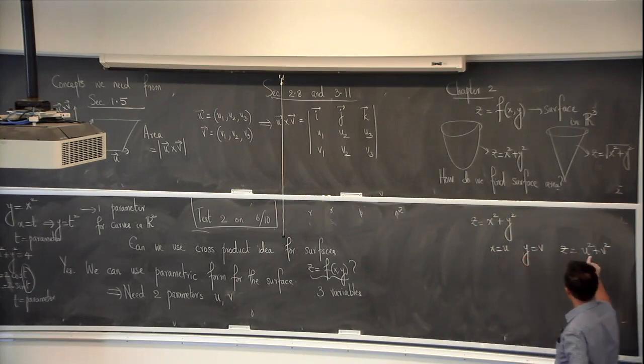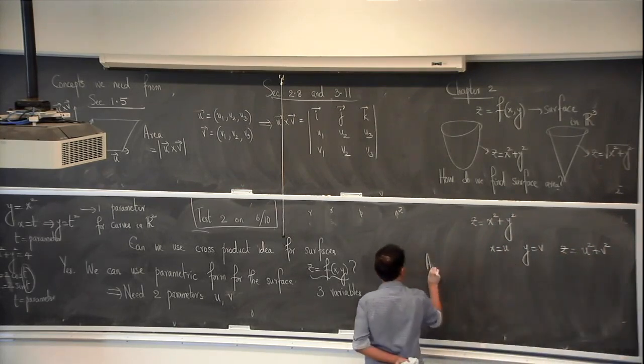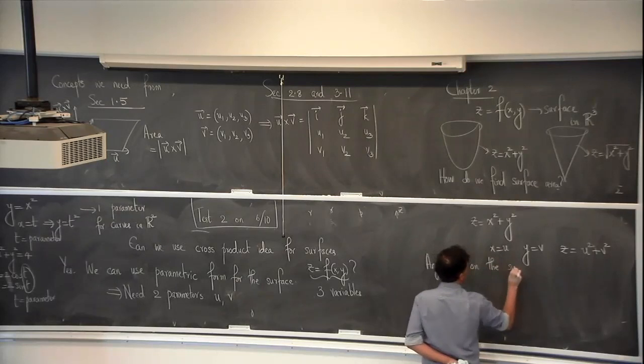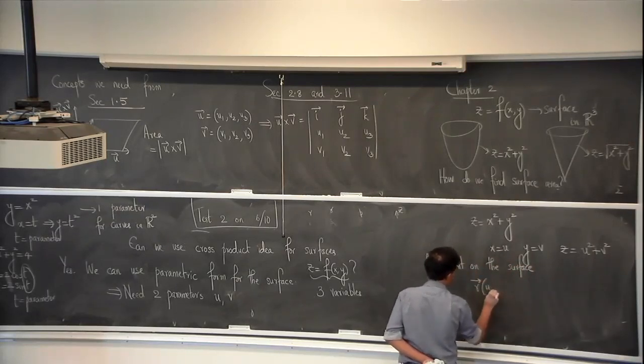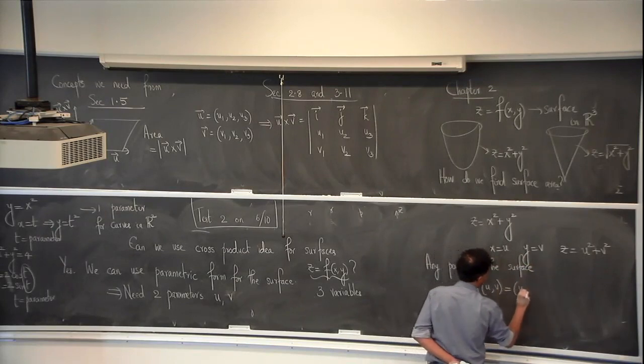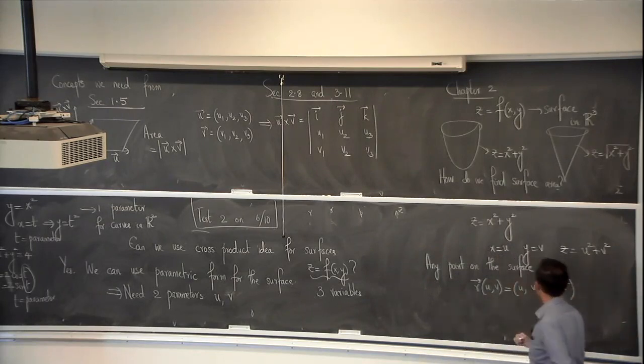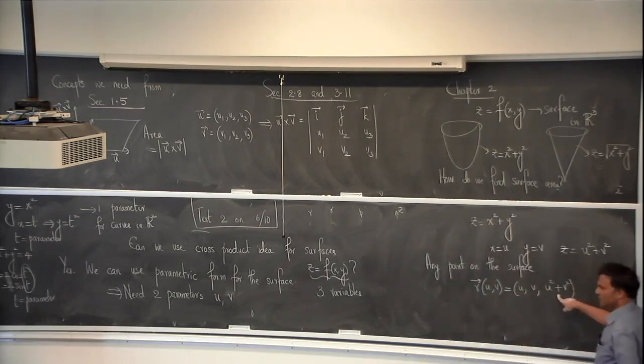Okay, so you don't need a third parameter here. Using these two, you can create a third one. So any point on the surface can be written by this vector r of u, v equal to u, v, u square plus v square. Okay, that's your x, y, z.